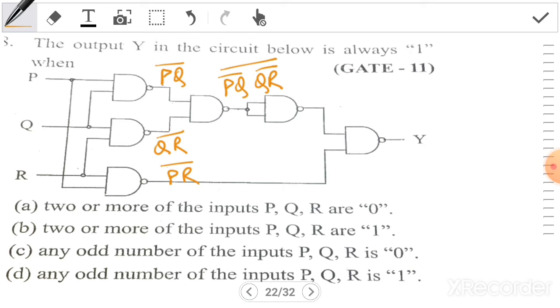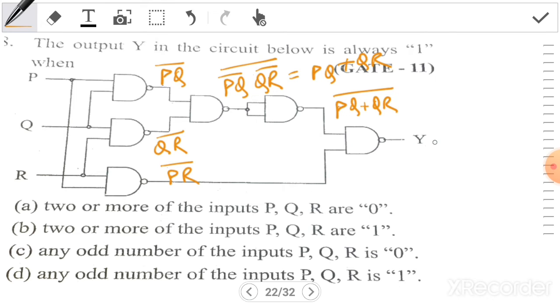Whole complement, which will be PQ plus QR. So we can write this as PQ plus QR. Again here the output is same. Here output will be PQ plus QR complement, and here PR complement.